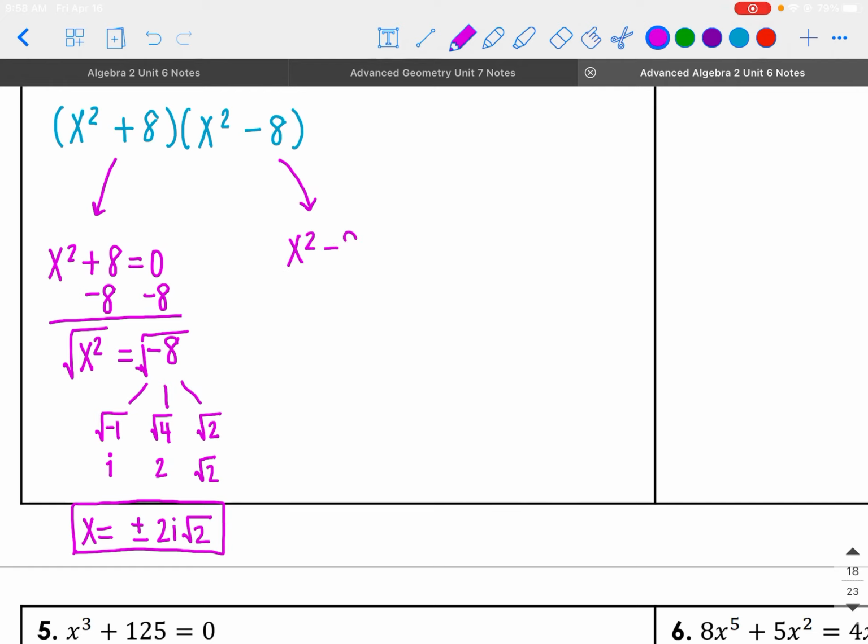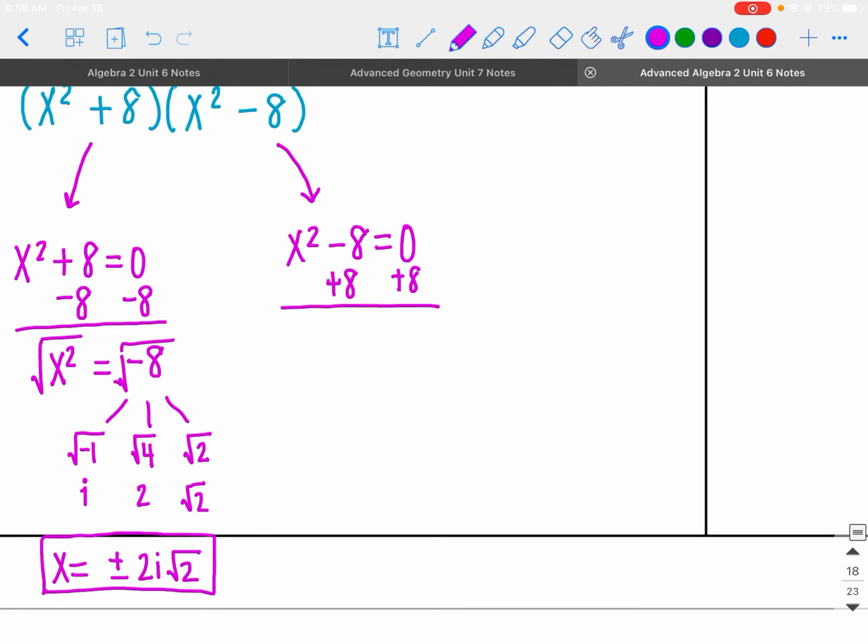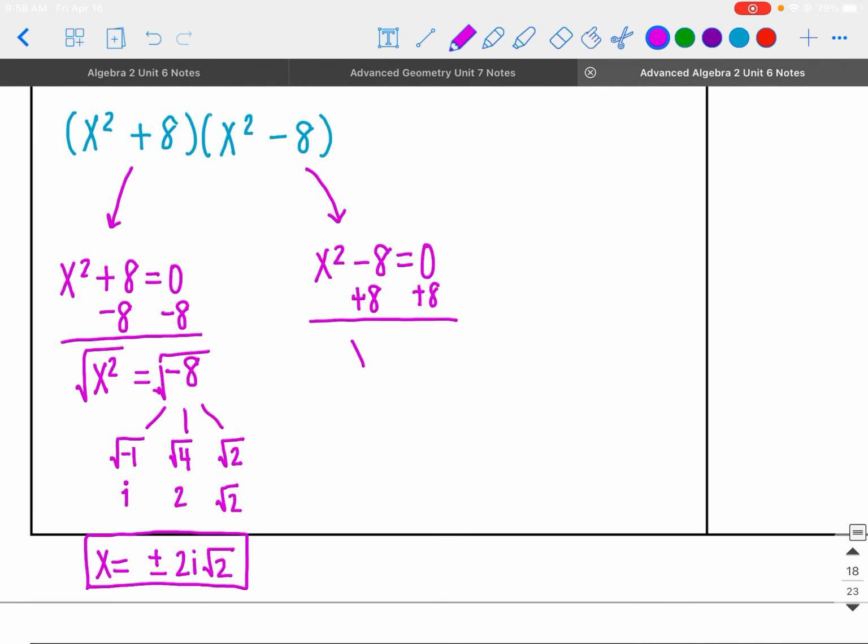Now let's do this one. x squared minus 8 equals 0. So we add 8 to get x squared equals 8. And then I take the square root. Now I just simplified that over here. You don't have to rewrite it.